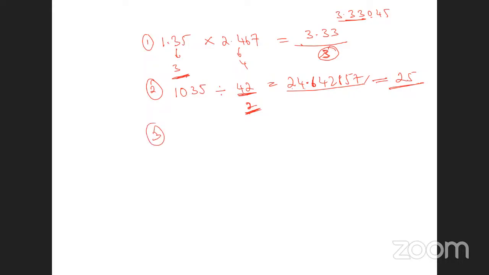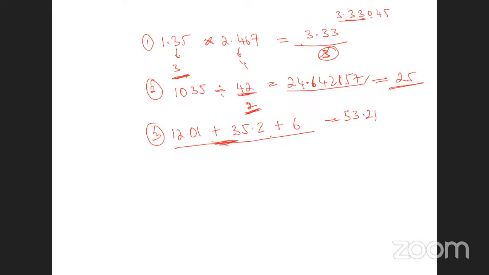Okay, the next one, we do an addition. So 12.01 plus 35.2 plus 6, I get 53.21. But the rule says, because the first one was multiplication, the second one was division, now this one is addition.